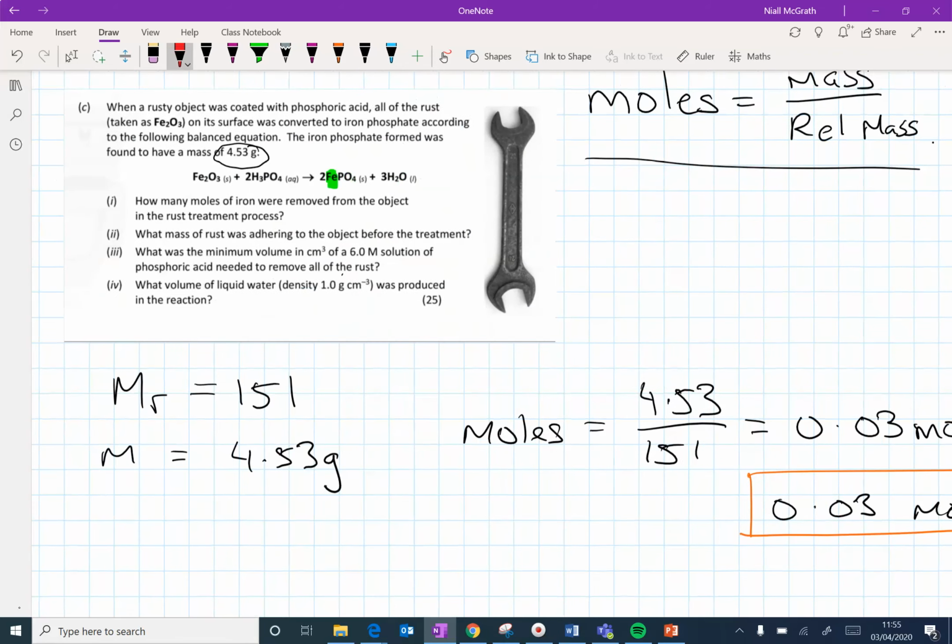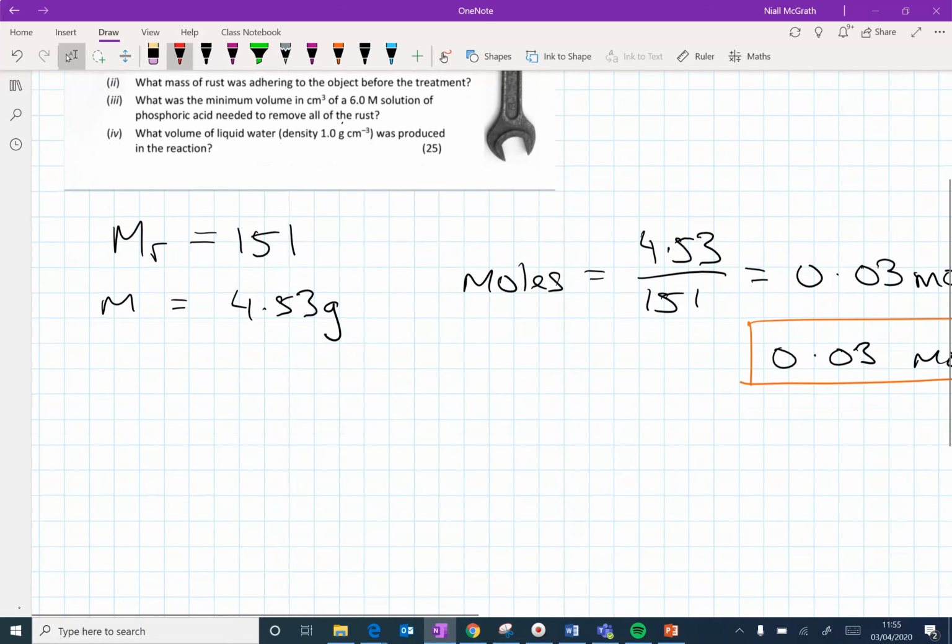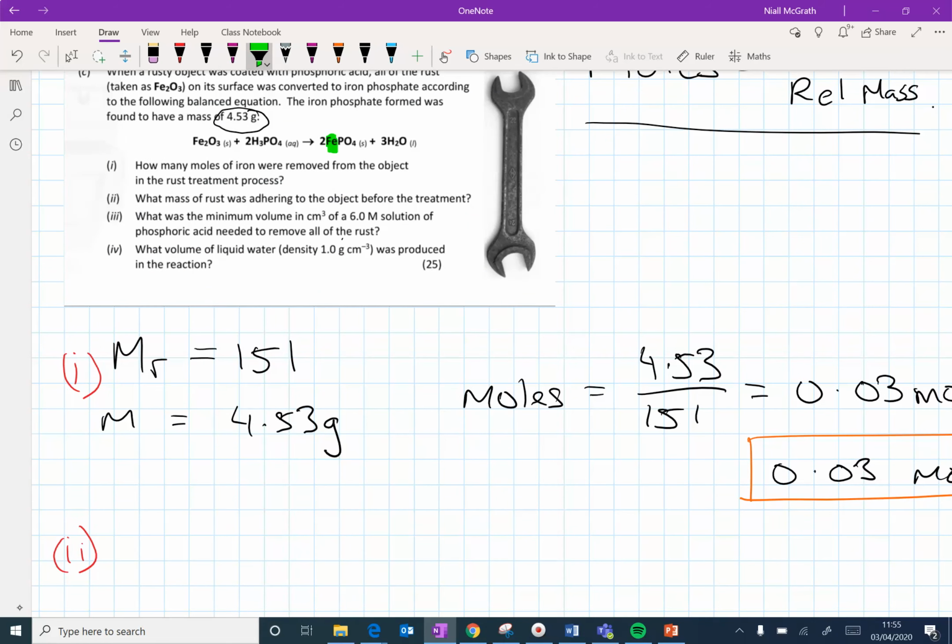For part 2 then, what mass of rust was adhering to the object before the treatment? So that's finding the iron here in your iron oxide. So how much iron have you got on the reactant side?